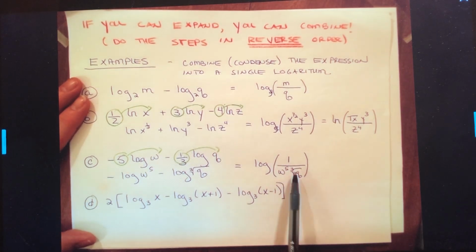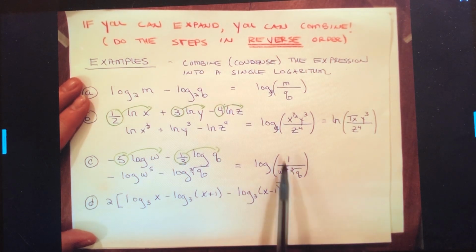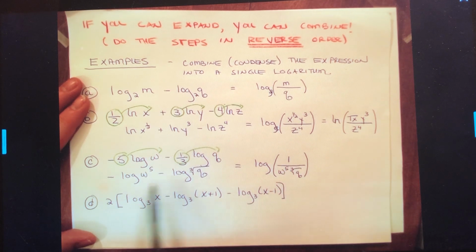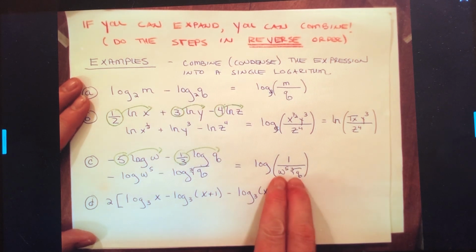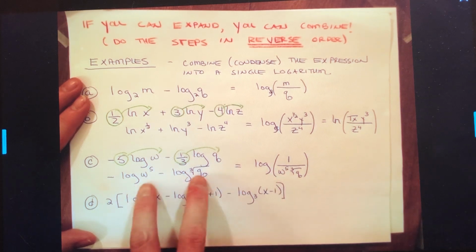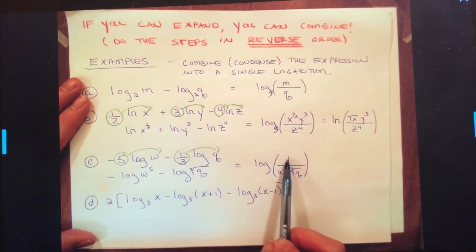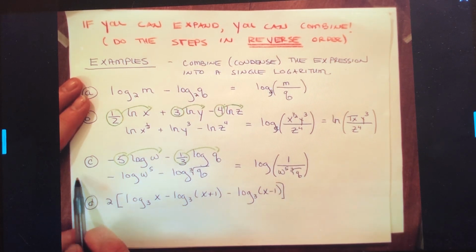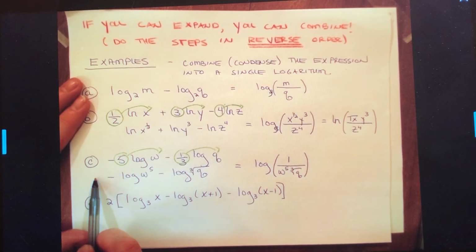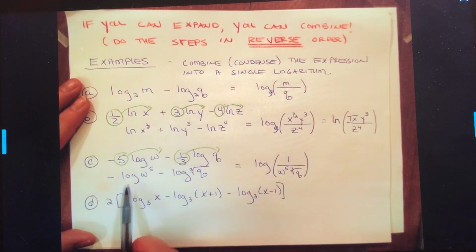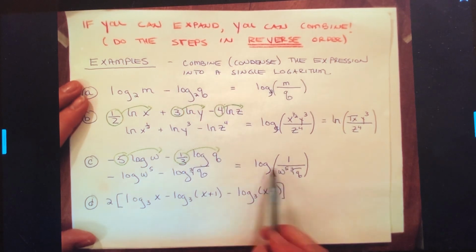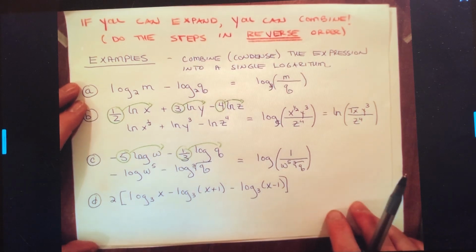If you're wondering if this is correct, imagine breaking this log back apart. This piece would result in these 2 terms, and the 1 up top would result in adding a positive log of 1. But the log of 1 is actually 0. That's why this is mathematically sound. Just a little interesting note if you haven't seen a problem like that. Okay, last example.